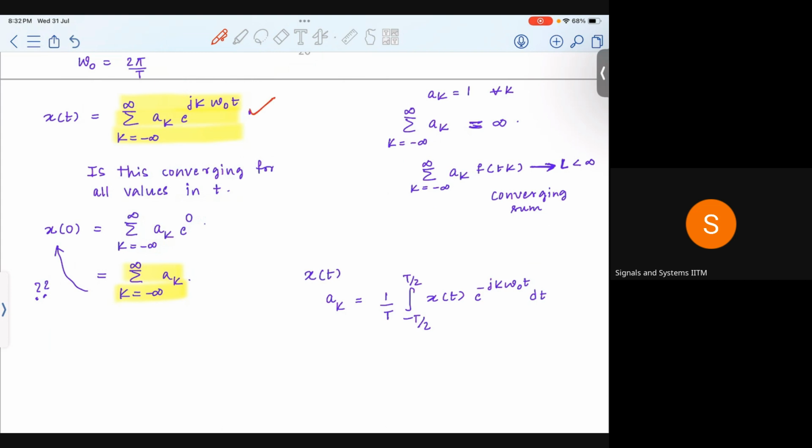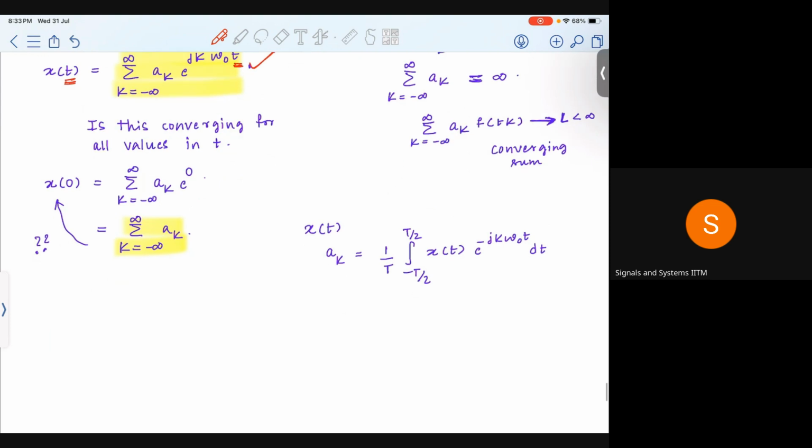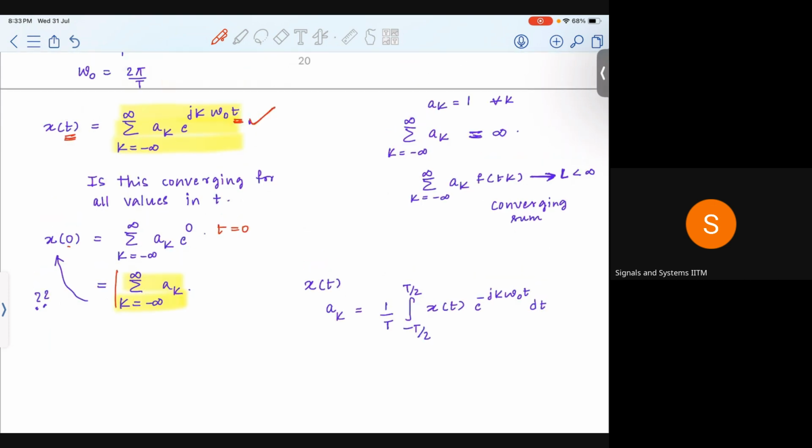right? So when you represent this in this particular form, the next question you would like to ask is, for every value of t, is this sum even a converging sum? As in, for t equal to 0, the sum on the right hand side would just become this. So is this equal to x of 0?